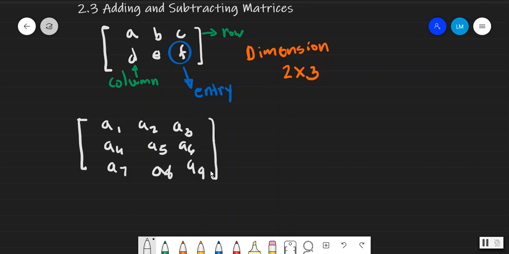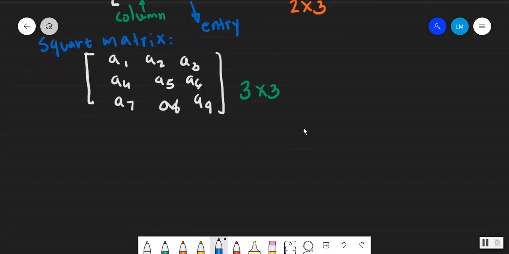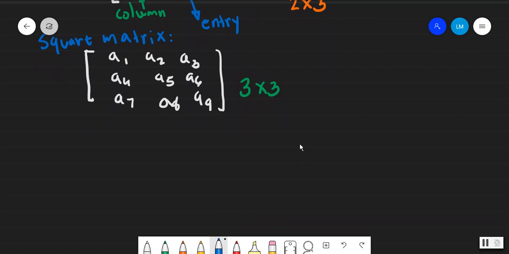Now, this is a square matrix. So we have that this matrix right here is 3 by 3. But to be specific, we call these square matrices. Now, a square matrix basically has as many rows as columns.